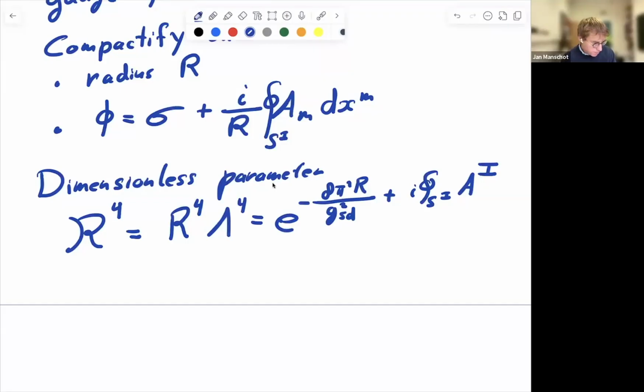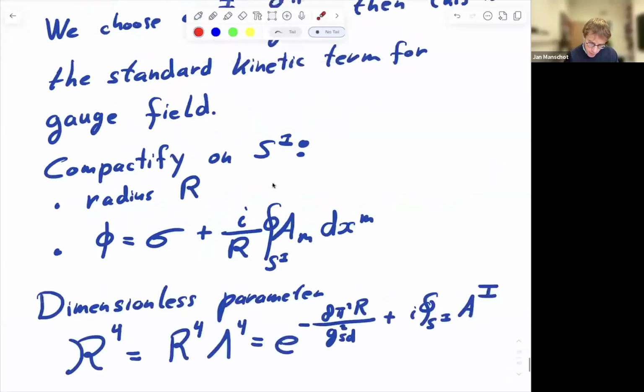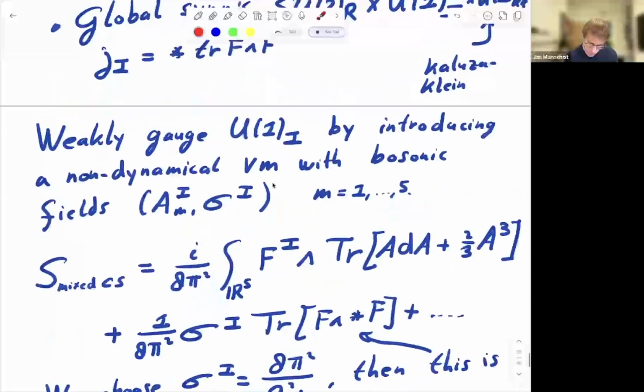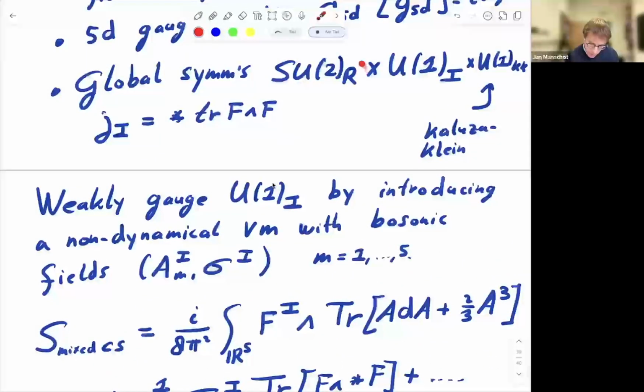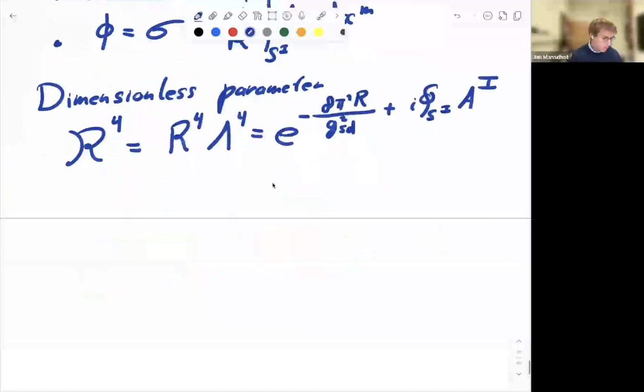Okay, so we perform a partial topological twist with respect to SU(2)_R, the SU(2)_R symmetry group here, just twisting the four-manifold part and not the circle.